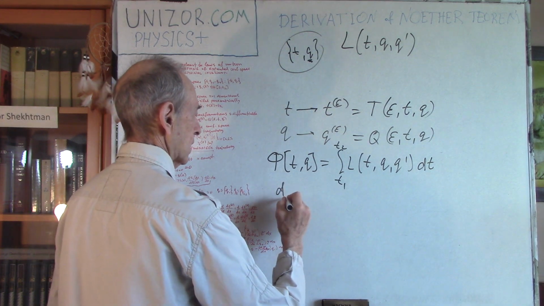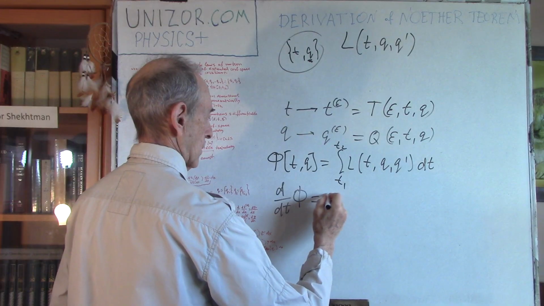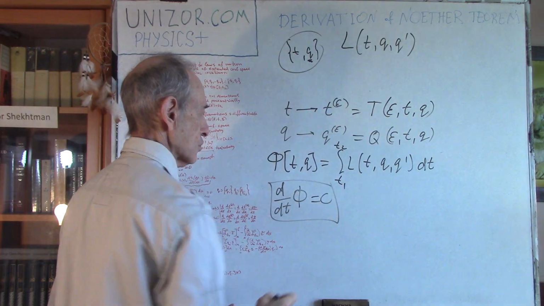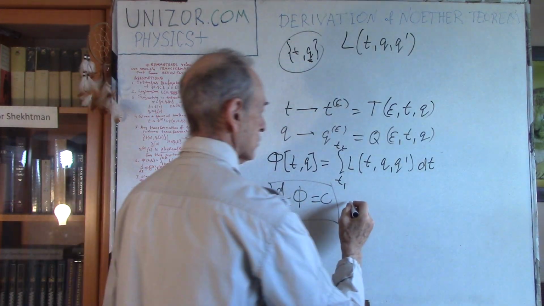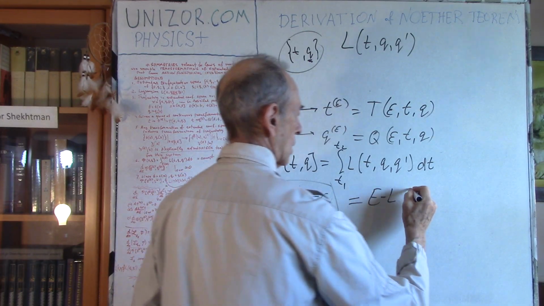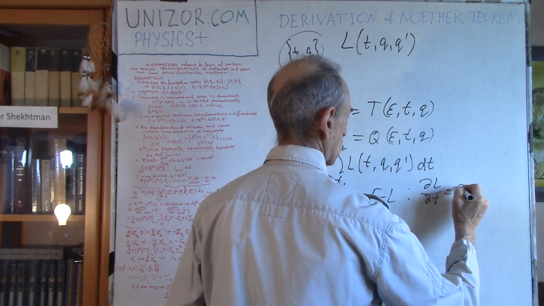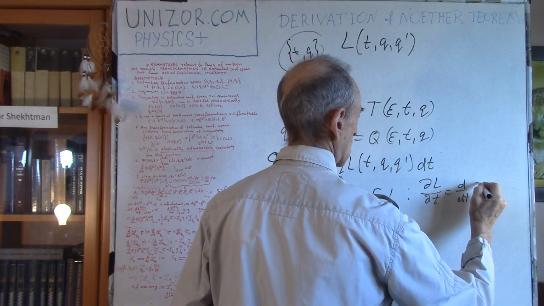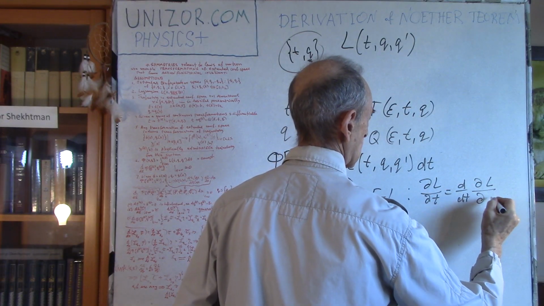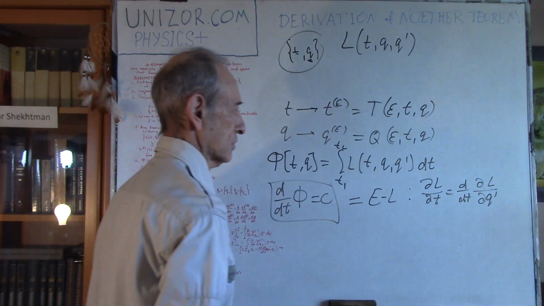So whenever we are doing this, we look for solutions, which eventually lead to the Euler-Lagrange equation, which is dL/dq equal to d/dt of dL/dq prime. Prime means time derivative.